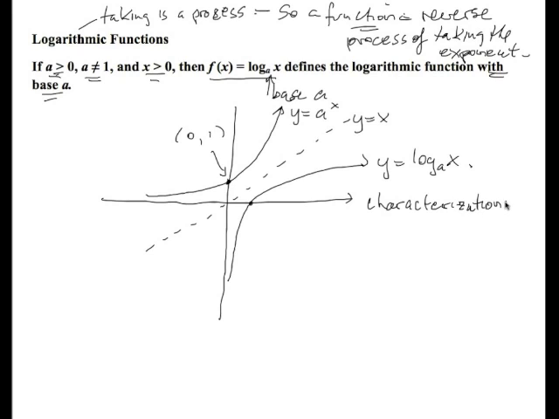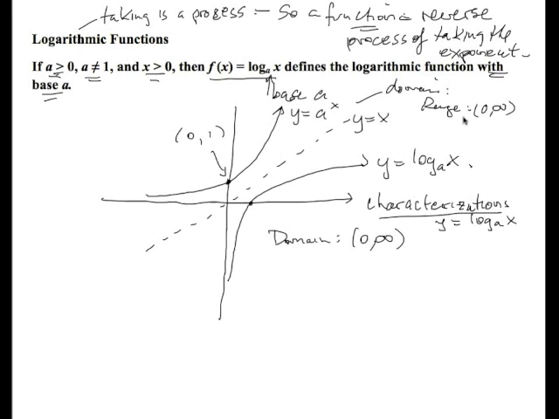Which means these are the properties that the logarithmic function has. First of all, the domain, and this is for y equals log in base a of x. The domain here is numbers which are greater than 0, so it's going to be from 0 to infinity. And that of course was because this one's range was greater than 0. And importantly here, the range is negative infinity to infinity.